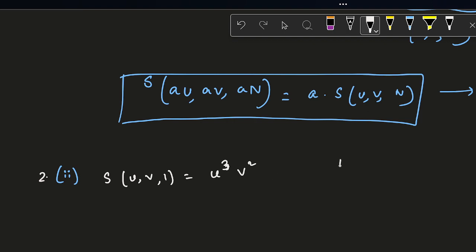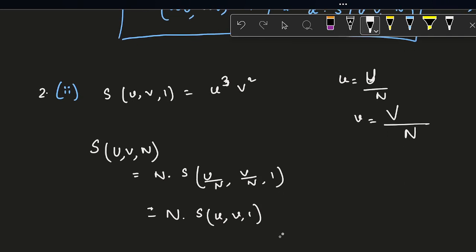Okay, so here small u equal to capital U by N, small v equal to capital V by N. Because you already know the formalism that S of capital U, capital V, capital N equals capital N times S of U by N, V by N and 1, that is equal to capital N times S of small u, small v and 1.